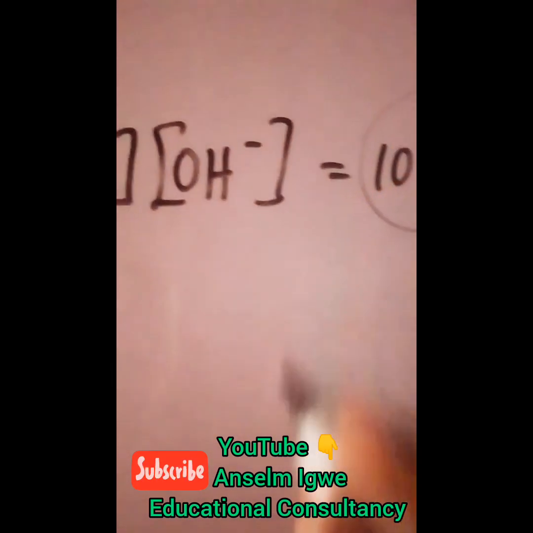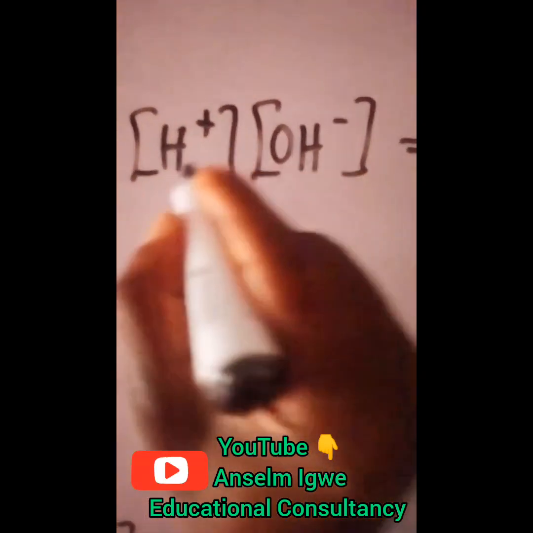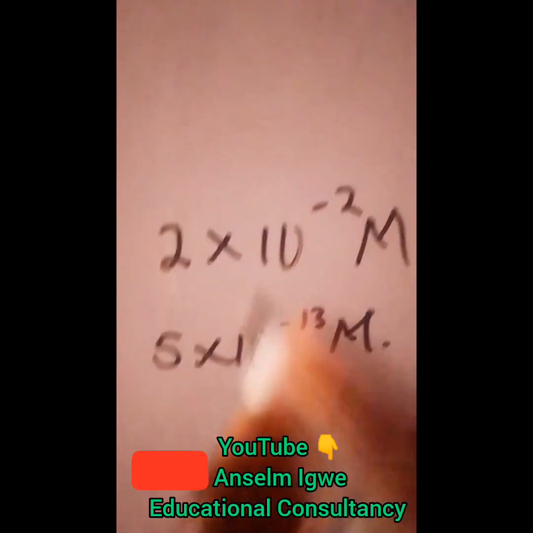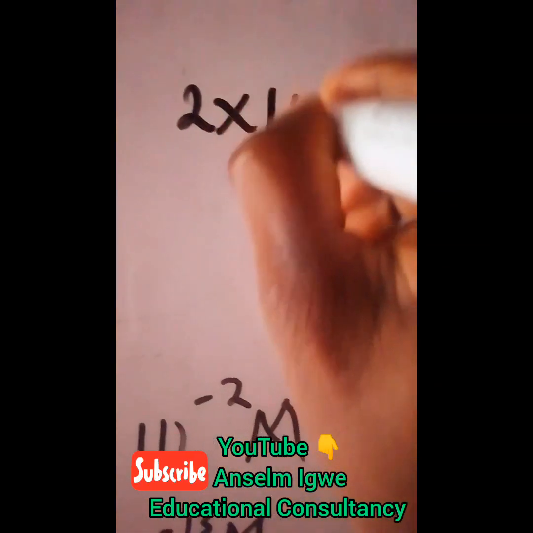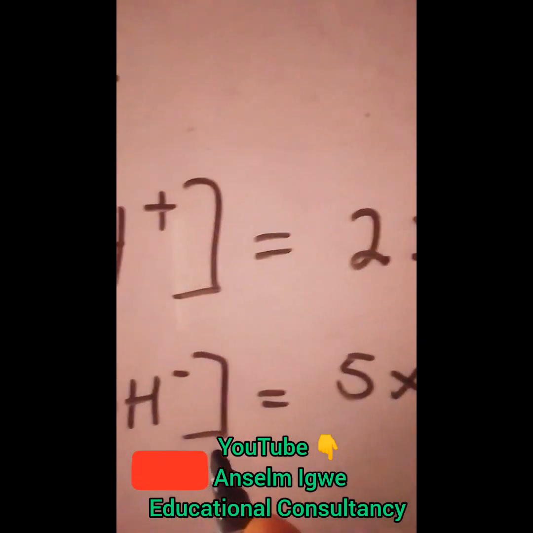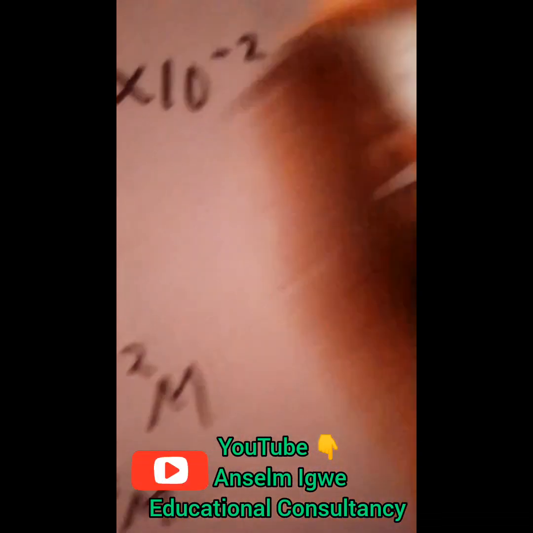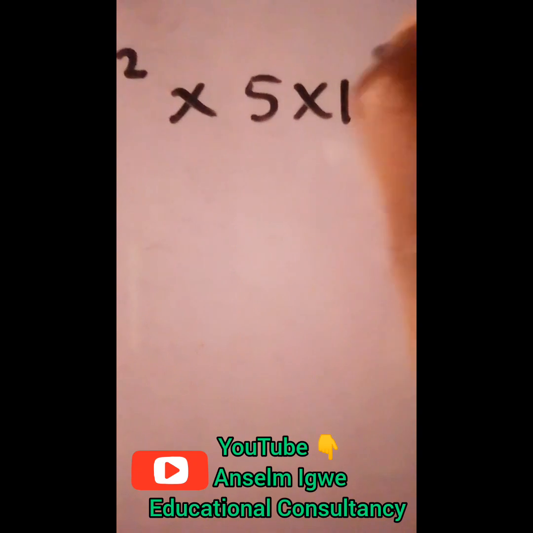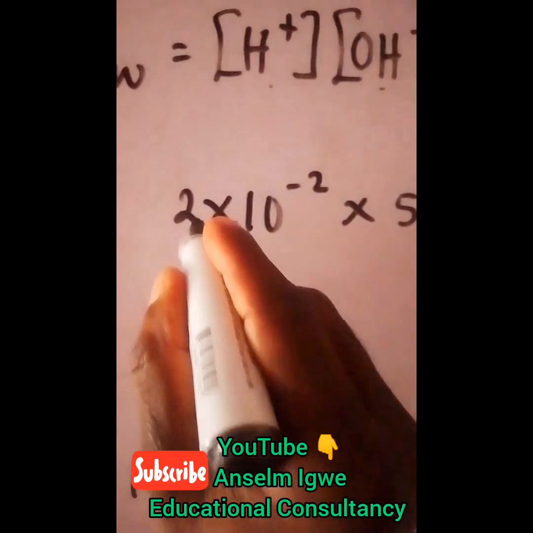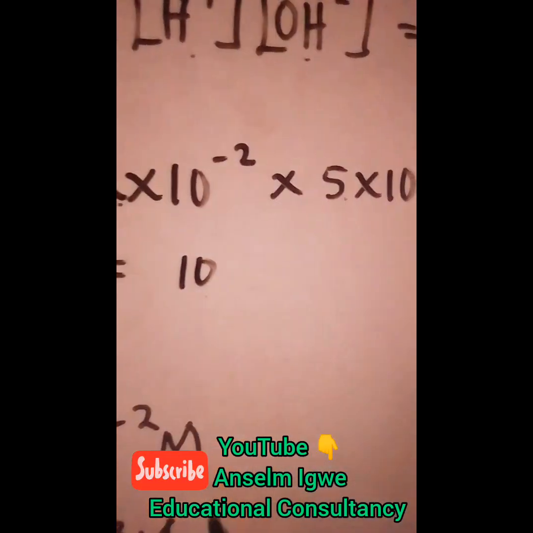So let's see if we can multiply this answer and this answer to get this. These are the answers. So 2 times 10 raised to power minus 2 times this for OH minus, which is 5 times 10 raised to power minus 13. So let's see what we will get. 2 times 5 is 10.